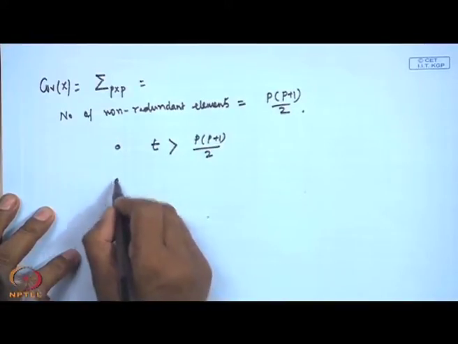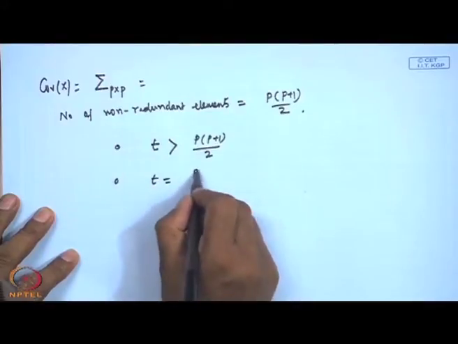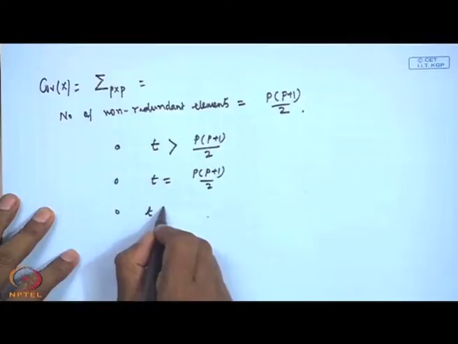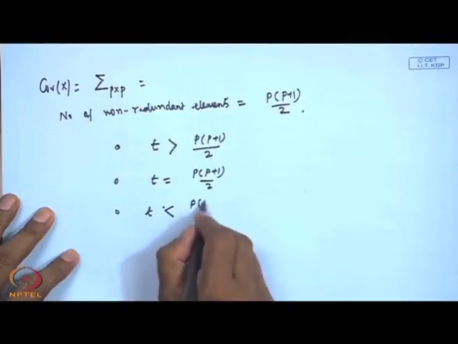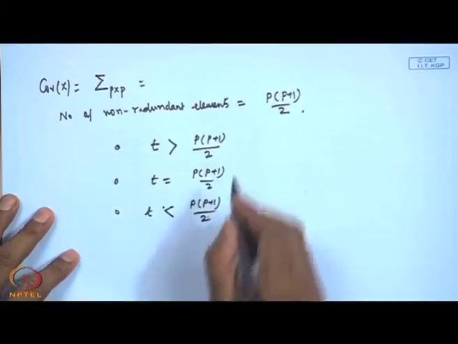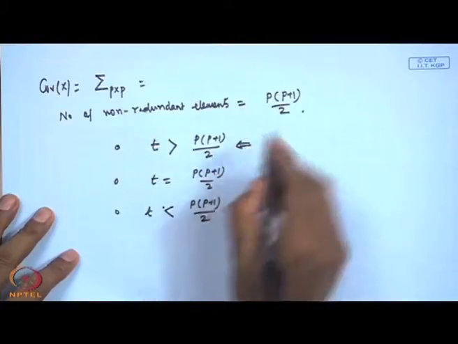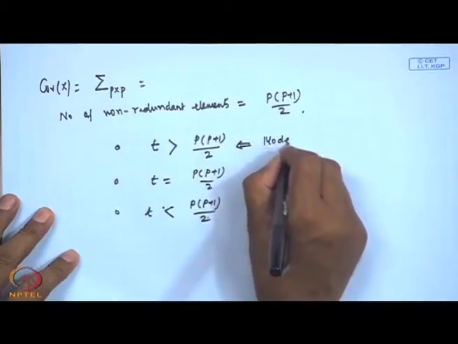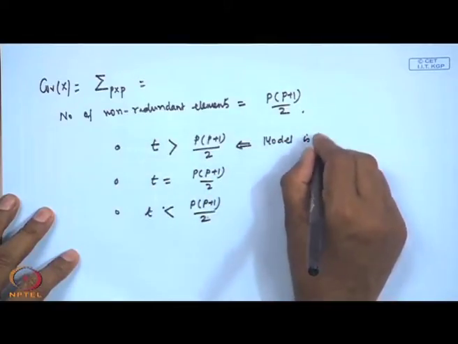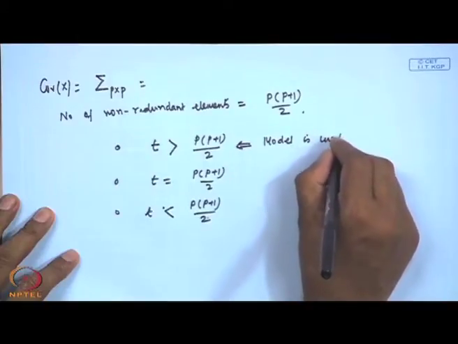It may so happen that T equals P into P plus 1 by 2. It may so happen that T is less than P into P plus 1 by 2. Now, the first case, the model cannot be identified, the model is unidentified or under identified.